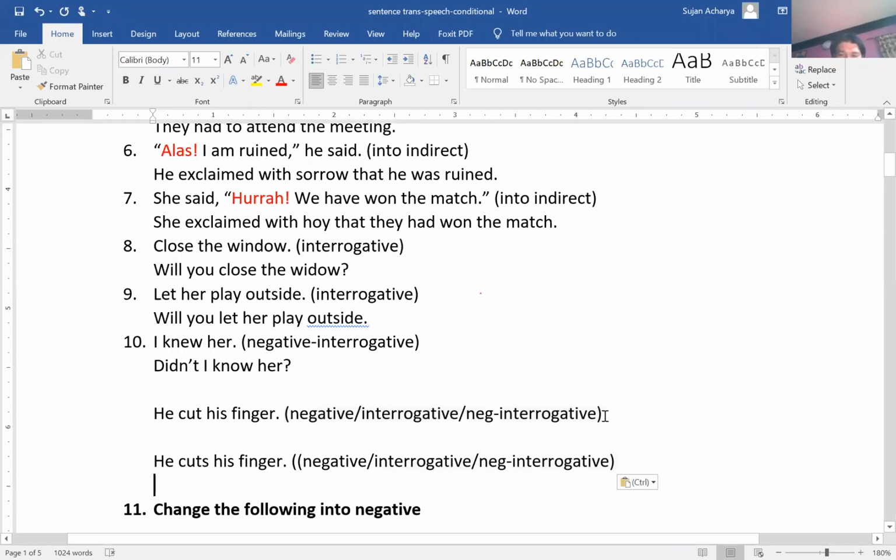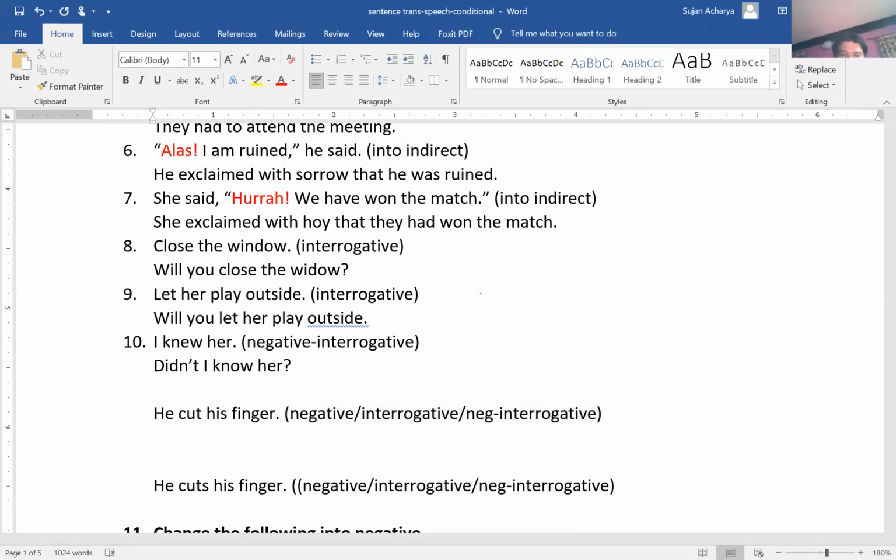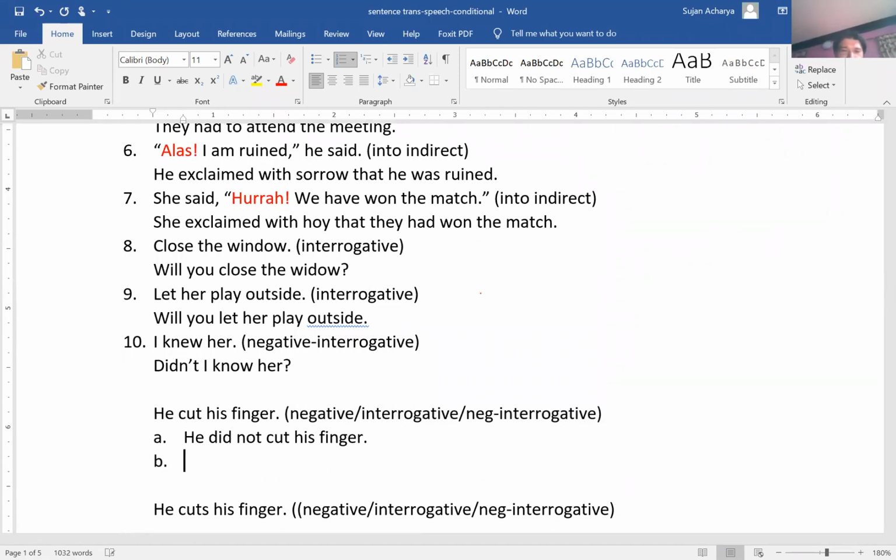For example, here, negative. He cut his finger. He did not cut his finger. If you know this, sentence transformation is easy. Interrogative: Did he cut his finger?